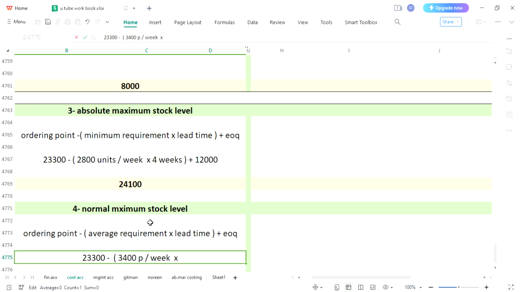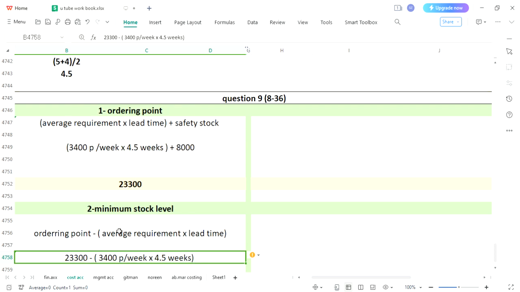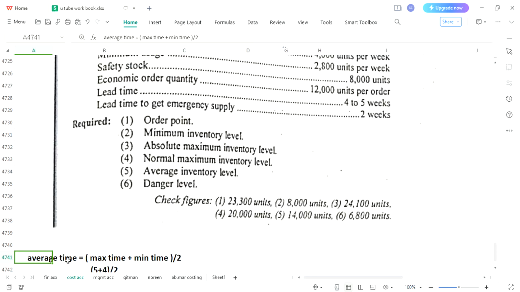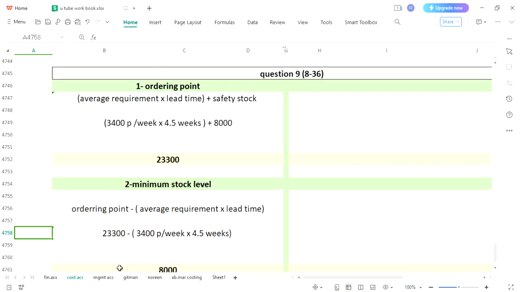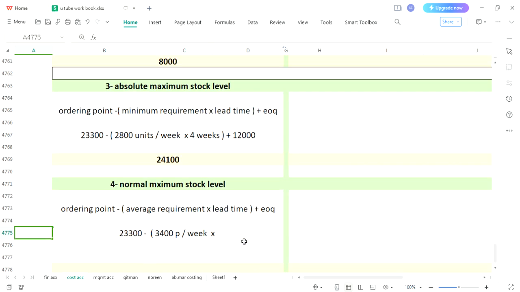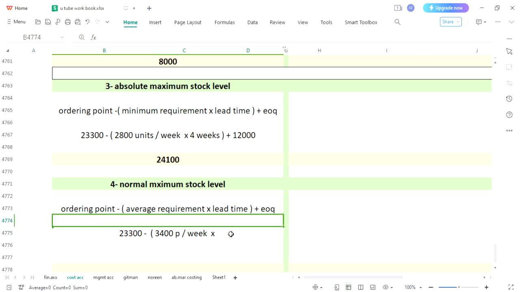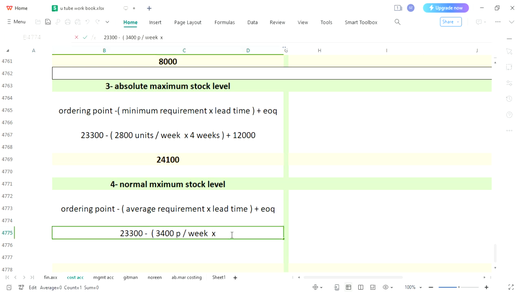Since we are dealing with average requirement and lead time we have already calculated, and what was that? Here you can see, look at over here. Average time was calculated, maximum plus minimum divided by 2, and the time which was calculated is 4.5 weeks. So let's go back and write down 4.5, and this was in terms of weeks.